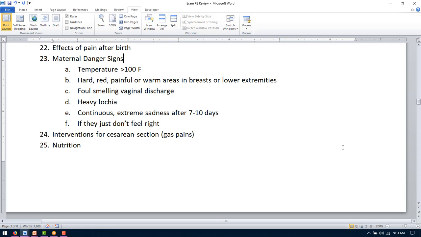If it lasts for 7 to 10 days and it's extreme and they're having trouble taking care of the baby. And then if they just don't feel right. You guys will learn that moms, and even other patients too, get a gut feeling that something's wrong, and generally there is.